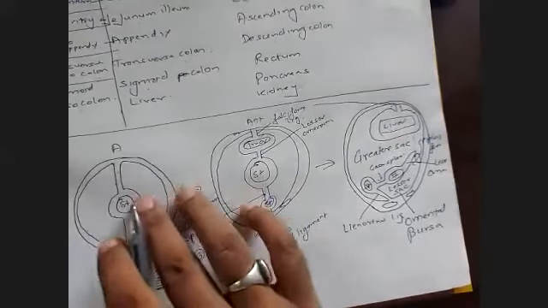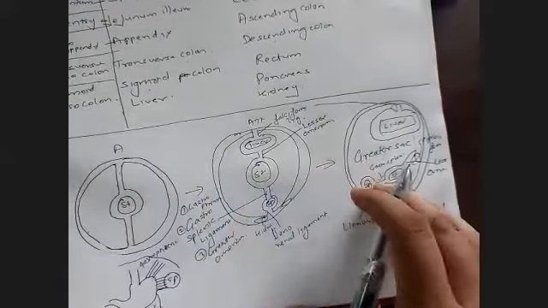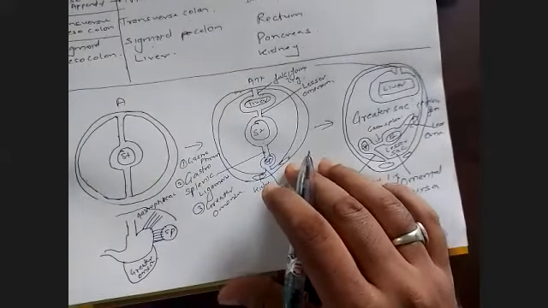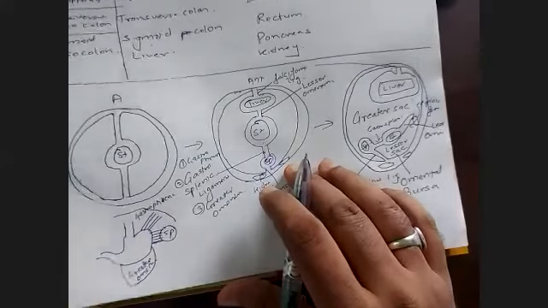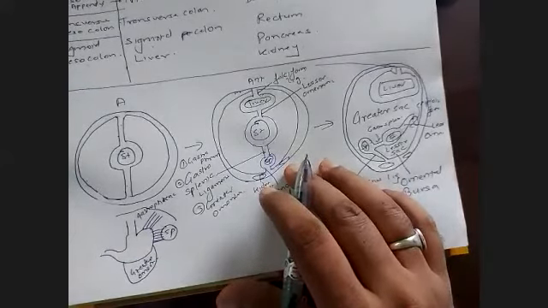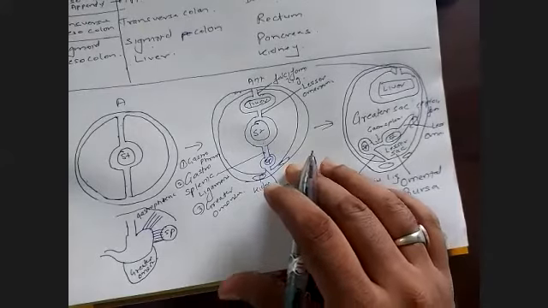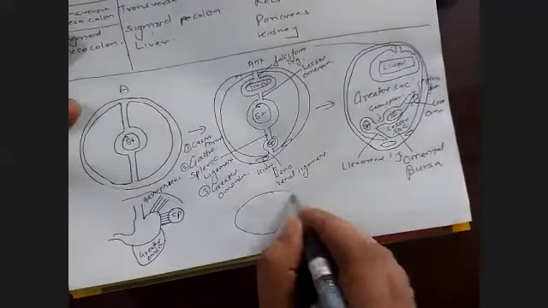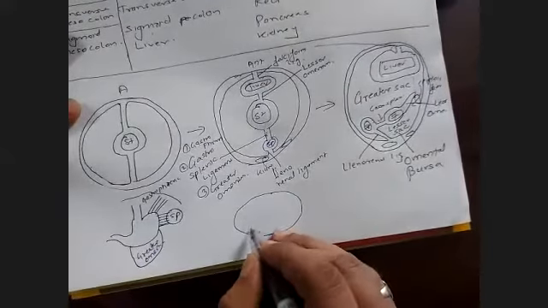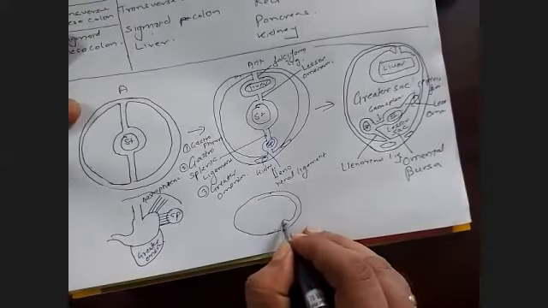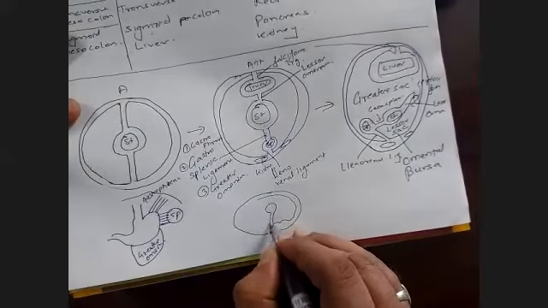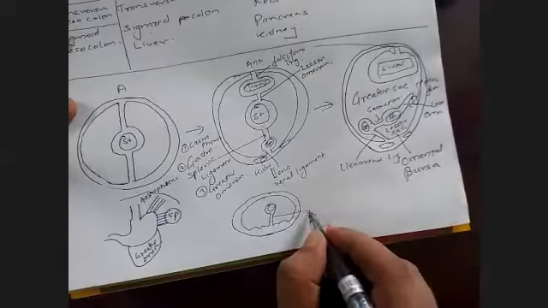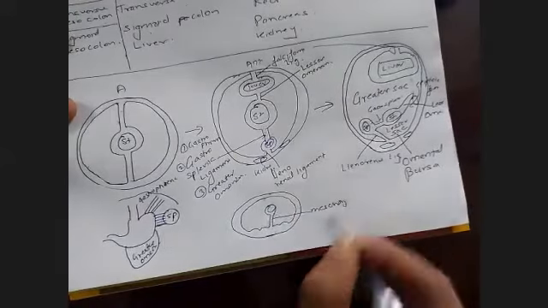So this is the horizontal orientation of the peritoneum in the supracolic area. In the infracolic area, it is quite simple. You just have to draw something like this. This is the small intestine, this is the mesentery.